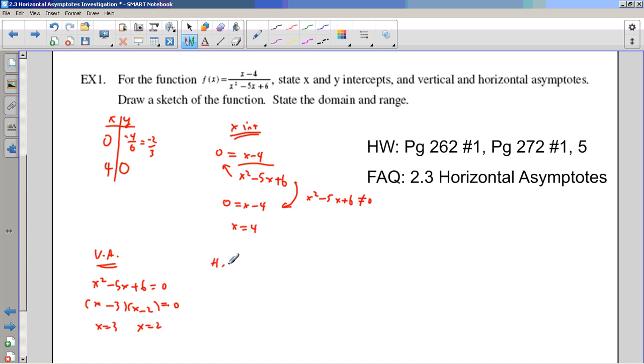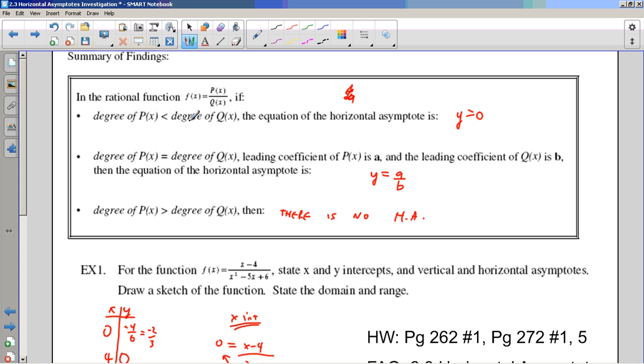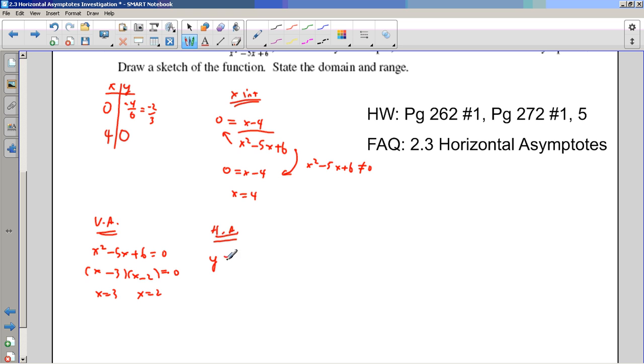Horizontal asymptote. Well, this is the new part today. Since the bottom has a degree of 2 and the top has a degree of 1, I look at my little table. Bottom's bigger, top smaller than the bottom. There's the horizontal asymptote, y equals 0. That's it. No calculations necessary.